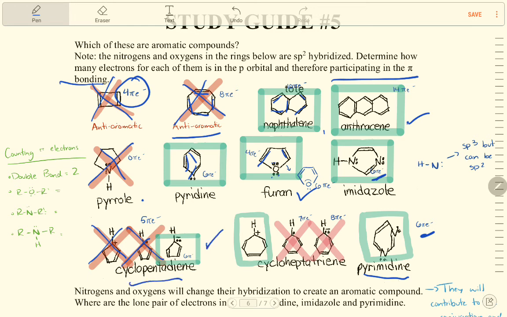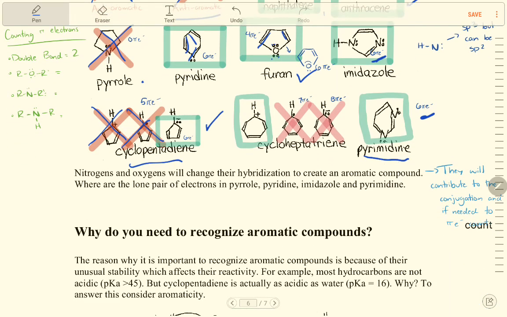So that's where you can find aromatics or non-aromatics. Nitrogens and oxygens will change their hybridization to create aromatic compounds. Where are the lone pair electrons in pyrrole, pyridine, imidazole, and pyrimidine? They will contribute to the conjugation and, if needed, to the pi bond count.